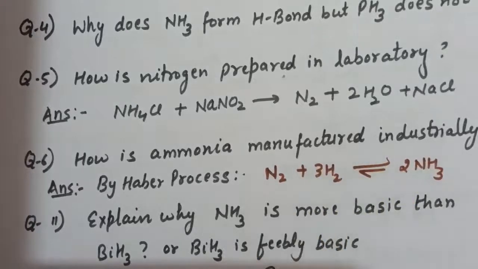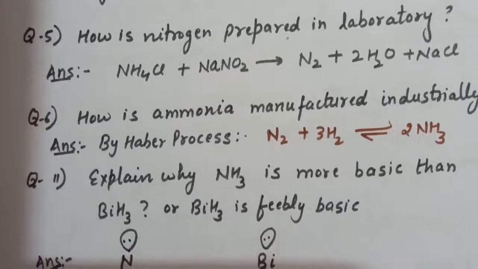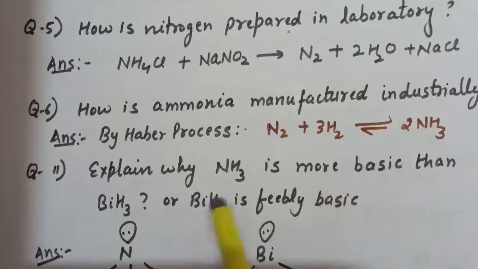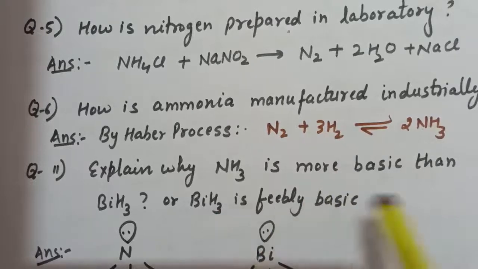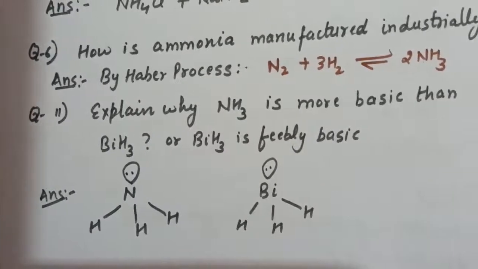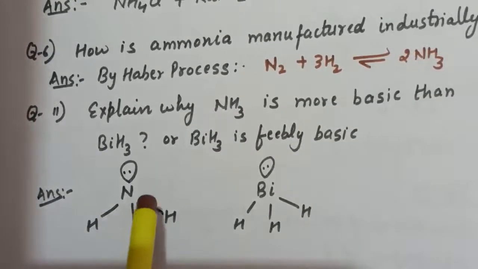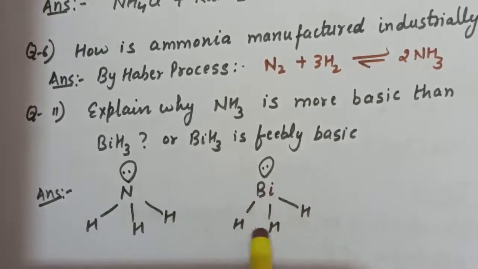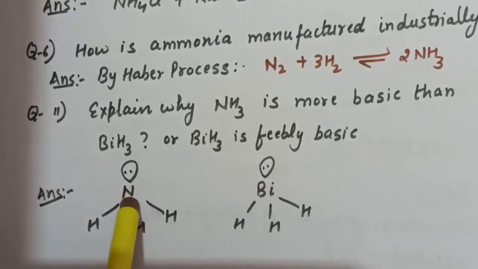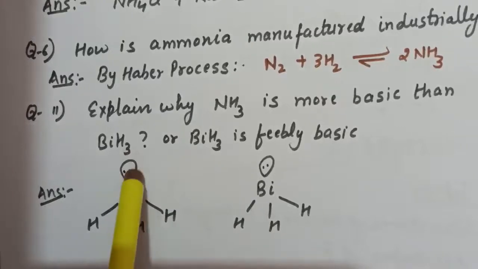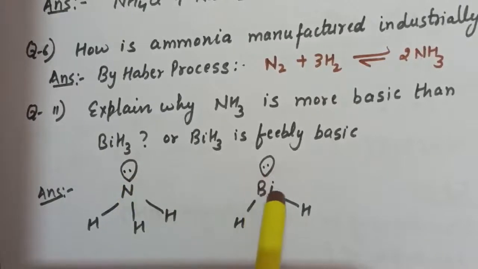The next question is, explain why ammonia is more basic than BiH3, or explain why ammonia is more basic and BiH3 is feebly basic. The answer is explained using the structure of ammonia and BiH3. This is the structure of NH3 and here we have the structure of BiH3. Now when we move from nitrogen to bismuth, the size of the central atom increases. Therefore, the lone pair occupies a larger volume in the case of bismuth.